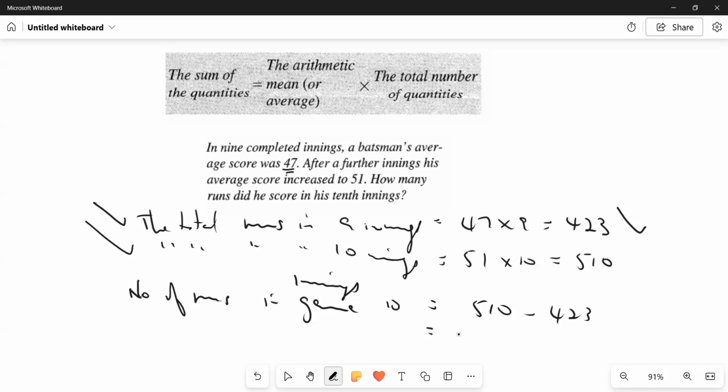Which will give us 87, sir. 87. See? So you see why this formula is useful at times? Yes, sir. That's a very interesting application of this formula here, right?